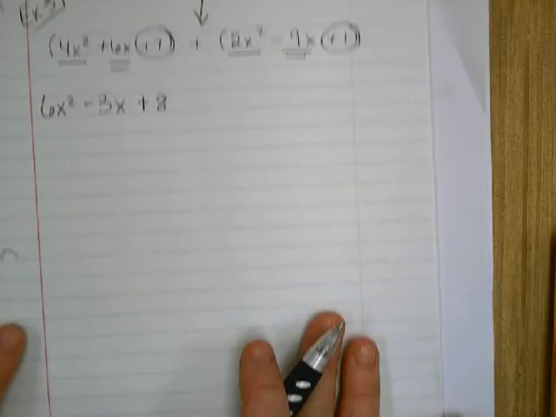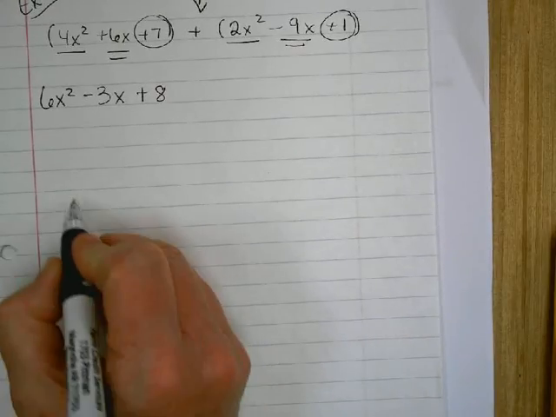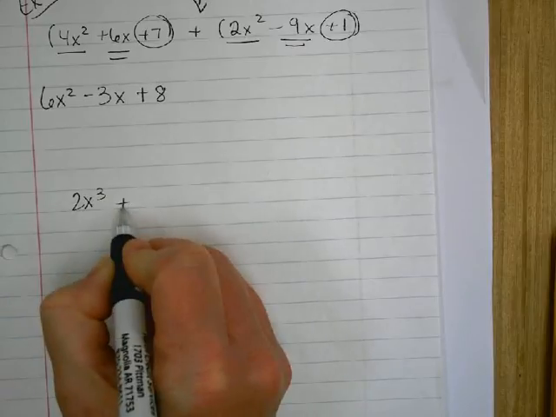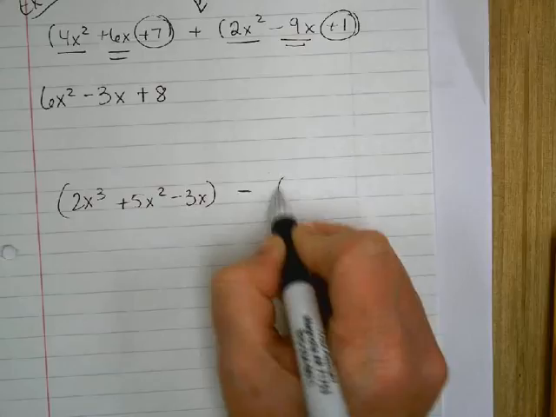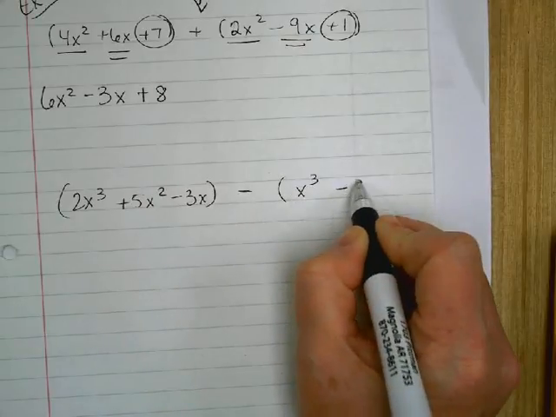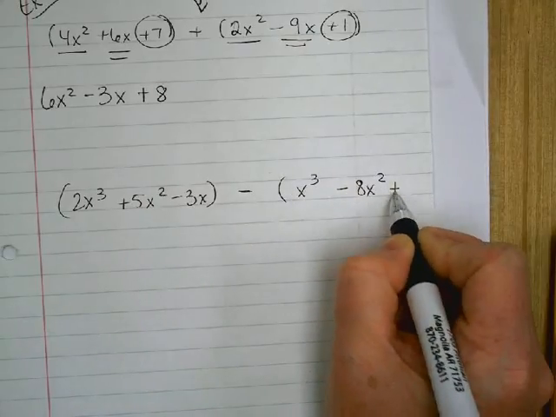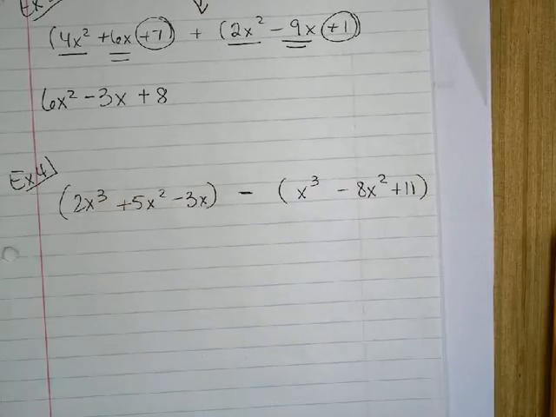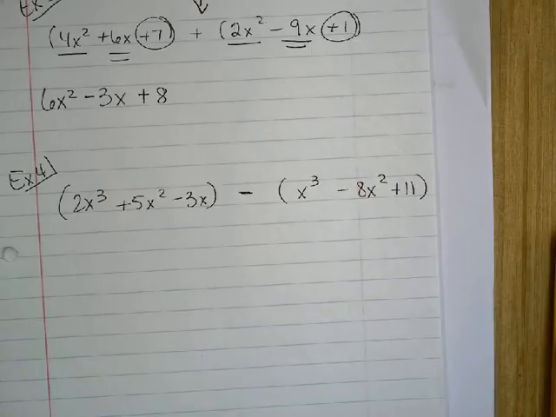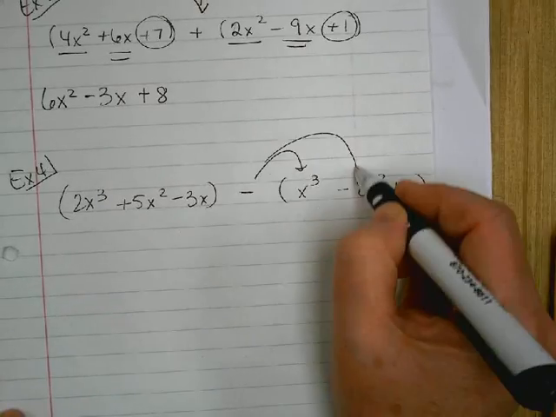Here's the deal though. Sometimes the symbol between the two is subtraction. What does that mean? Means you got to do what? Yeah, you got to subtract. But what's the property we're going to have to use before we get started? Distribution. We're going to have to distribute across here.